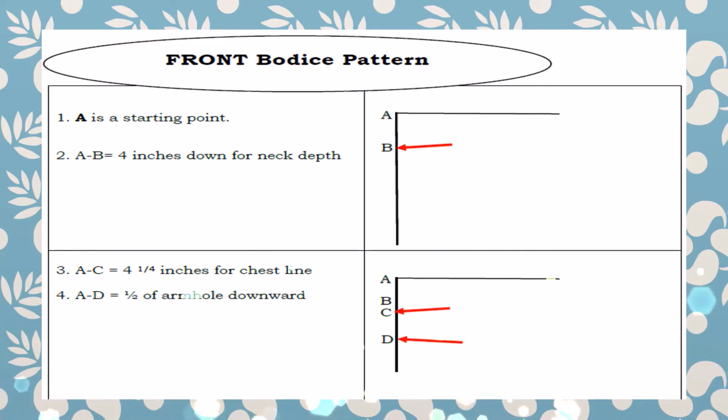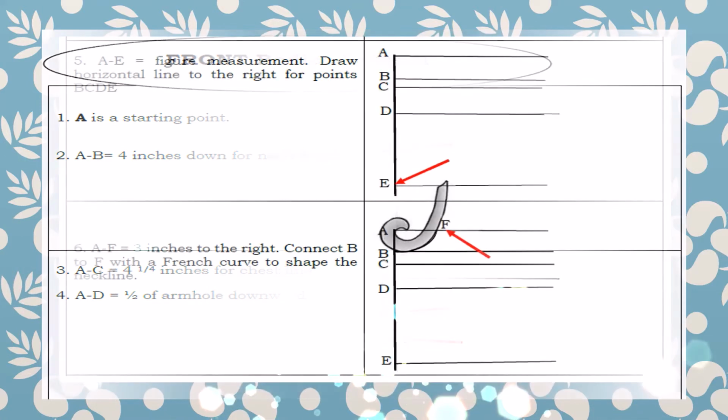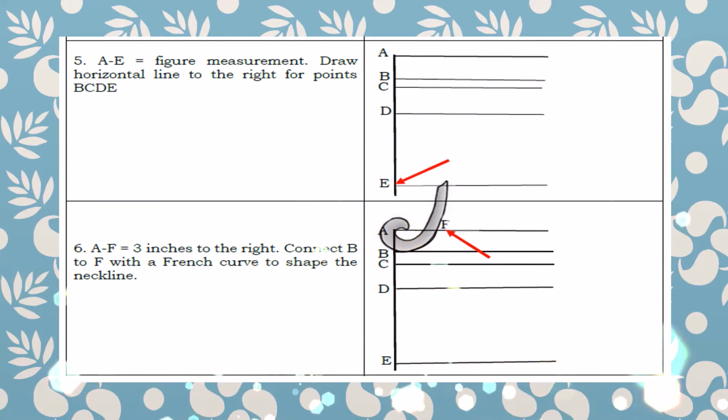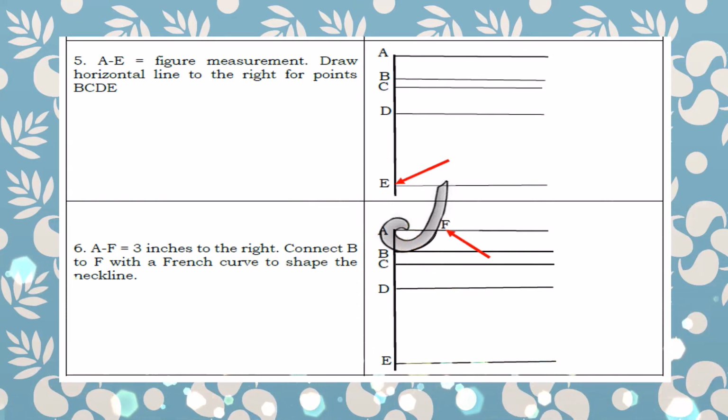A to D is 1/2 of the armhole downward. From letter A to E, figure measurement. Draw a horizontal line to the right for points B, C, D, E.